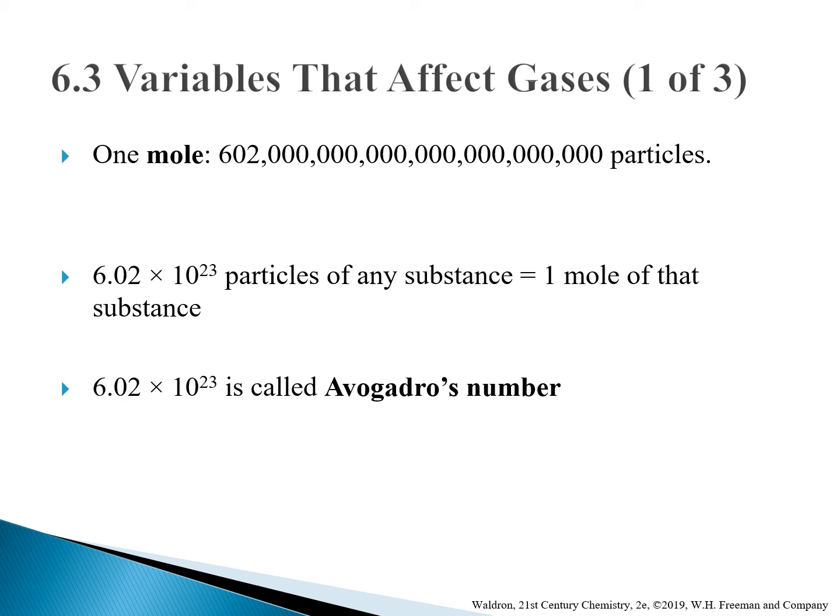We can have a mole of eggs or oranges as well. Although moles can be used to count anything, we typically use the word moles when we are talking about atoms or molecules or other very tiny things. The number 6.02 times 10 to the 23 is also known as Avogadro's number.